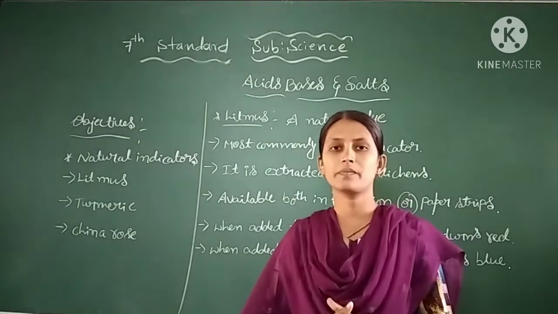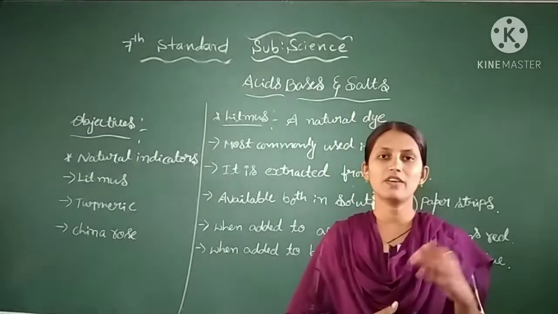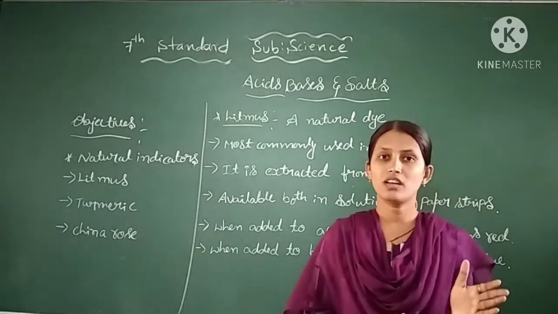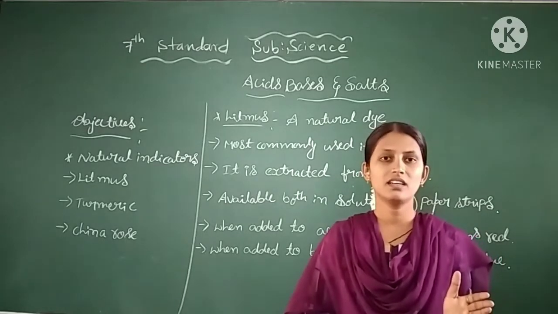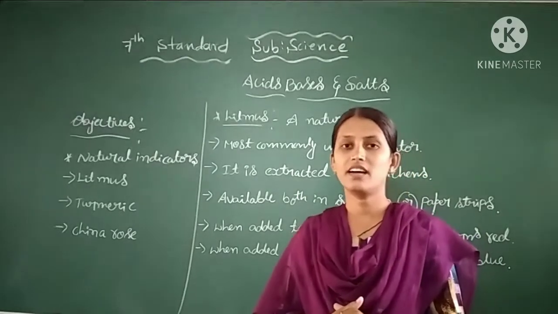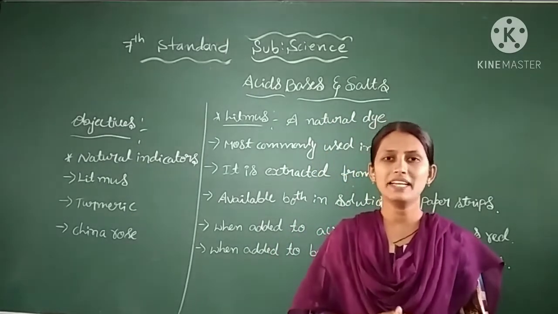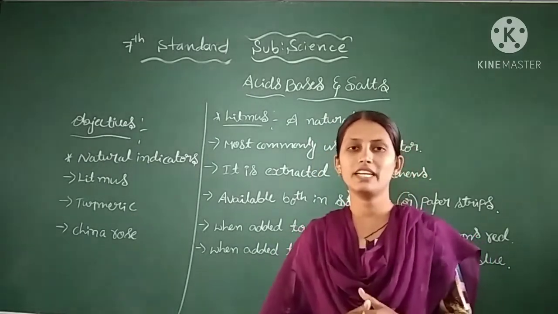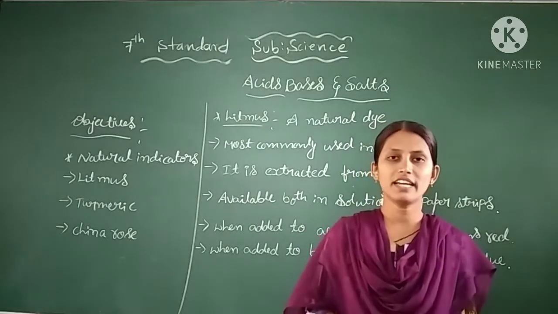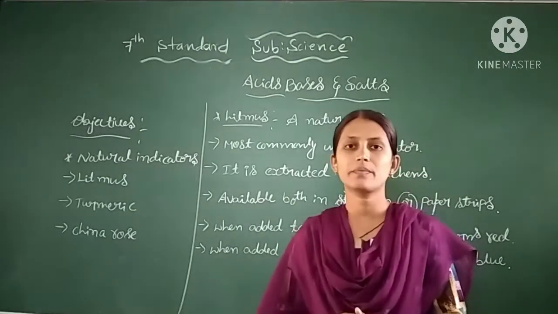upon their strength. Depending upon their source, we classified them as natural or organic acids, and mineral acids or inorganic acids. Depending upon strength, we classified acids as strong acids and weak acids.